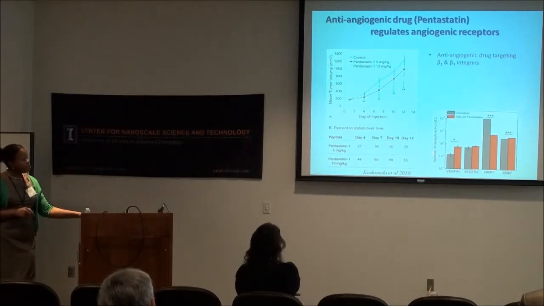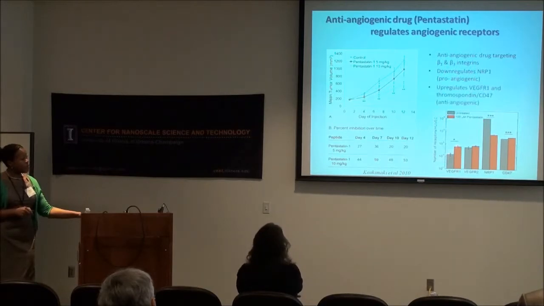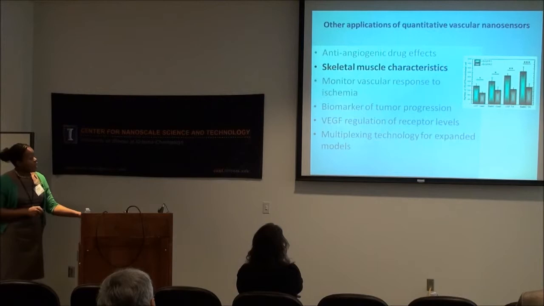So I tested these in HUVEC cells and actually show significant downregulation of neuropilin-1, which again is a pro-angiogenic co-receptor, and an upregulation of VEGF receptor 1 as well as thrombospondin receptor, which are both anti-angiogenic. So this type of quantitative approach can be used to screen drugs for their effect on other angiogenic receptors.